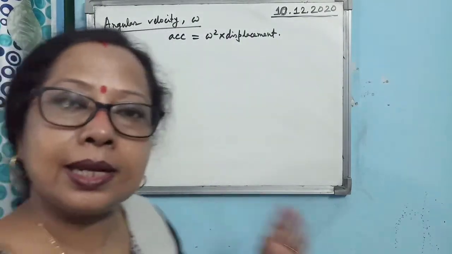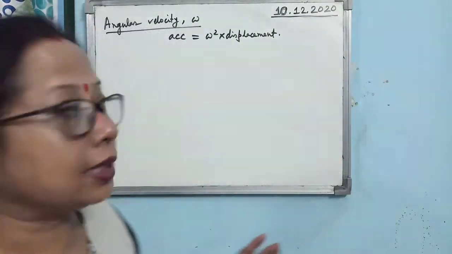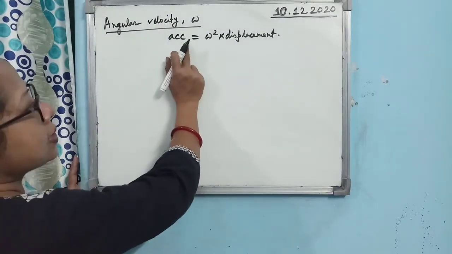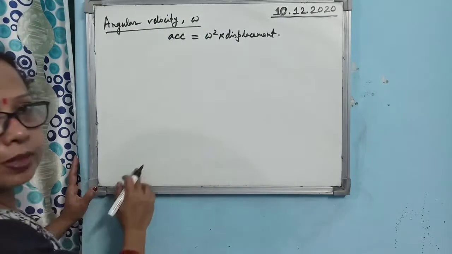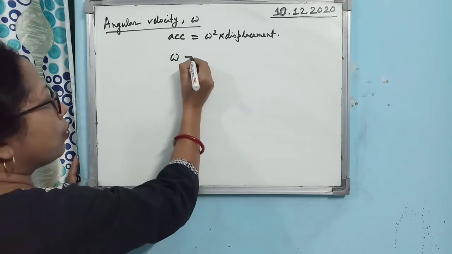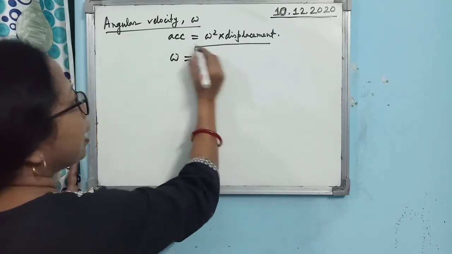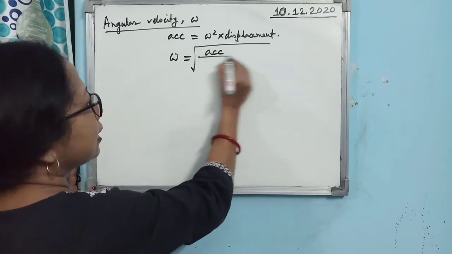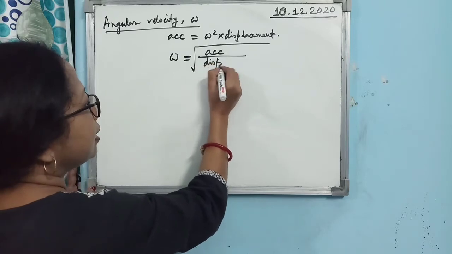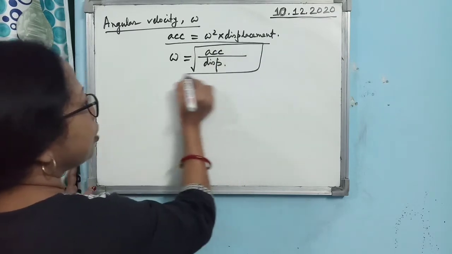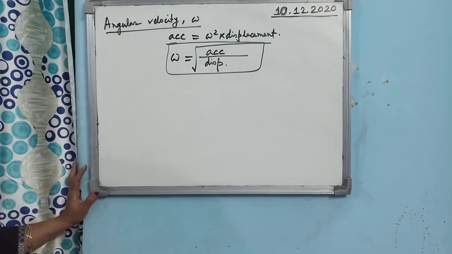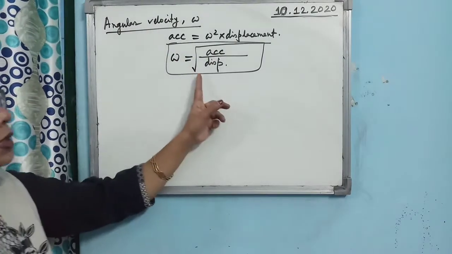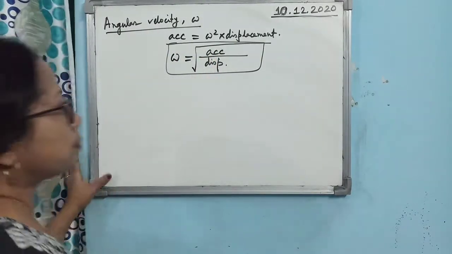So one can write acceleration is equal to omega square into displacement. From this relation, omega is given by under root acceleration divided by displacement. This is the relation you have to remember. That is how you get angular velocity: acceleration by displacement.